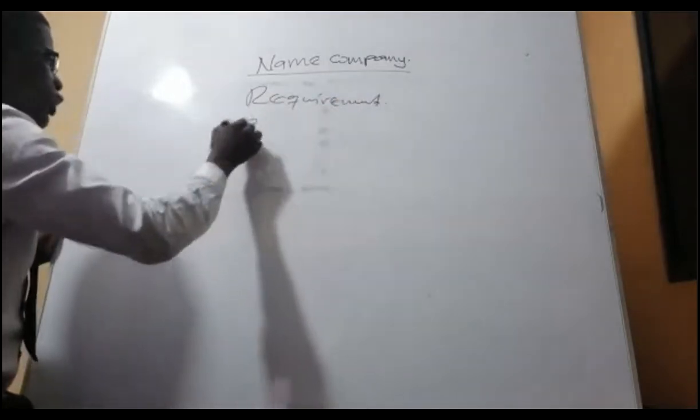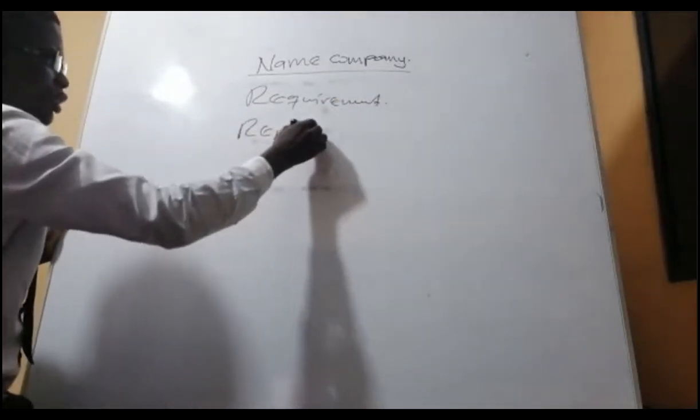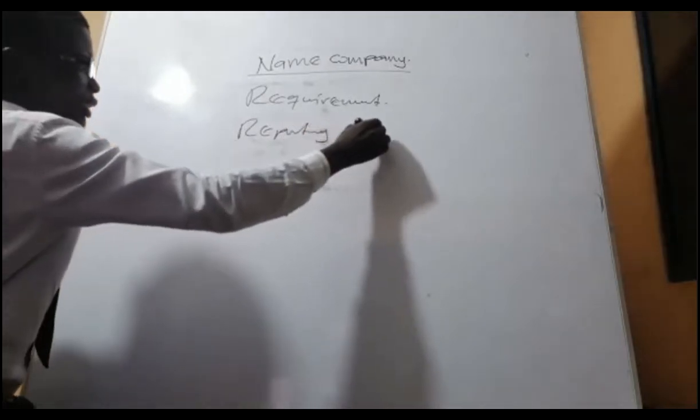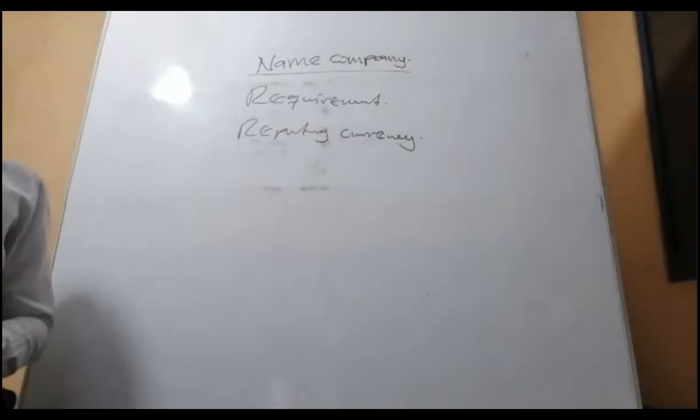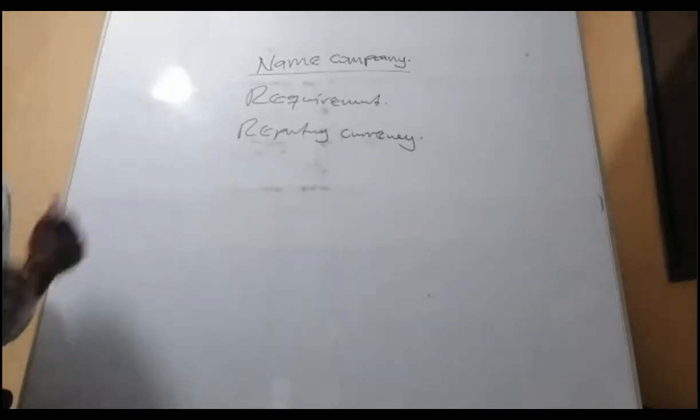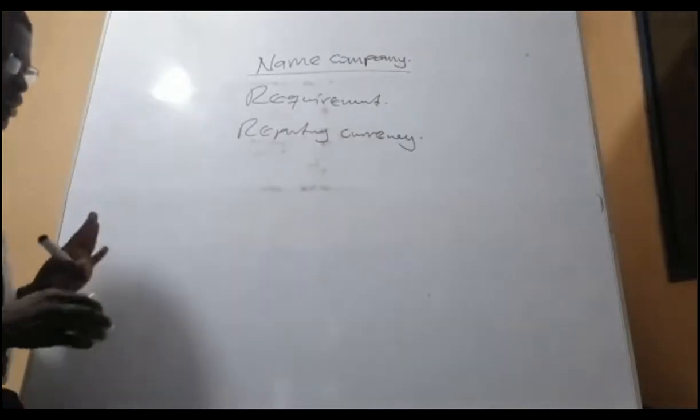And then the reporting currency. In our case, it will be CD, because most of our functional, representational currency is the CD. These three items are free marks, so kindly don't forget them.